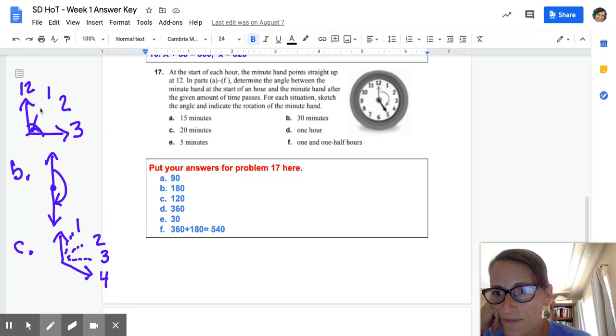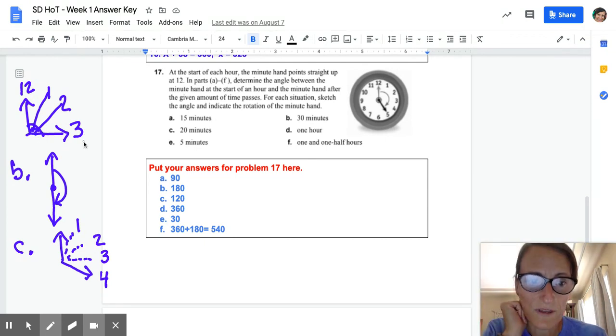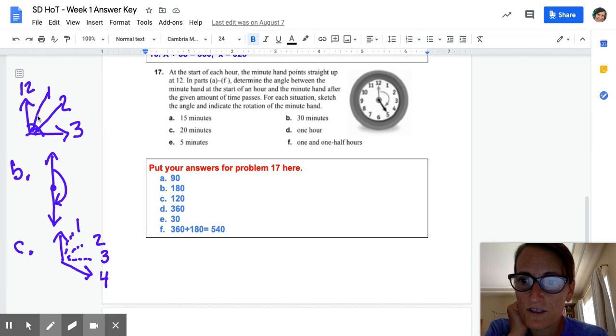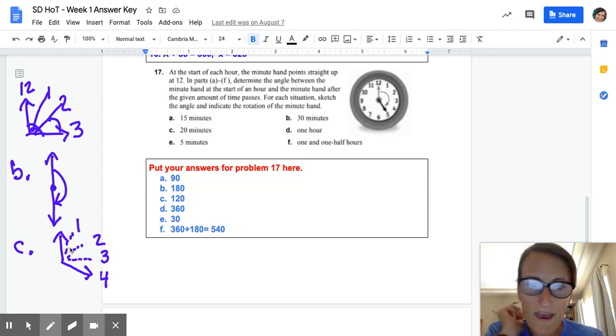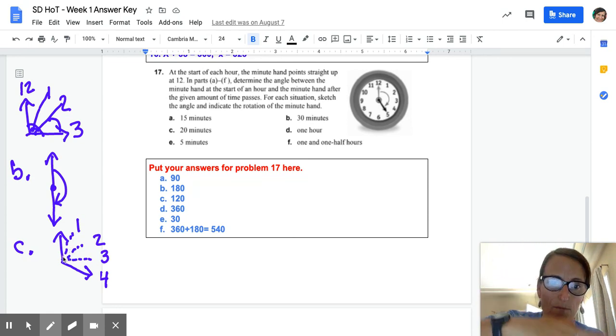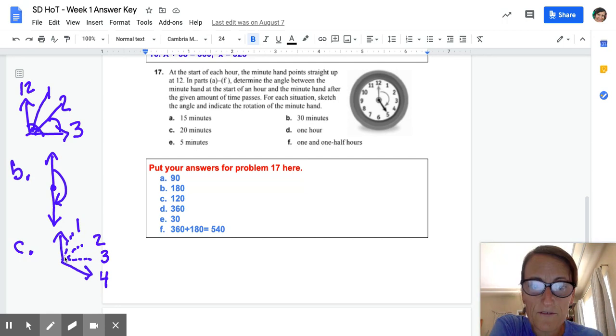So if you split this into pointing at each number, at the 1 and the 2 and the 3, you could think of each of these as 30 degrees. 30, 60, 90. So if every 5 minutes, every number on the clock is another 30 degrees, then you could count all the way around.